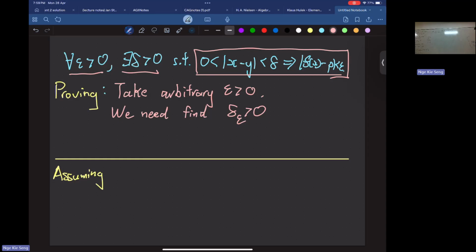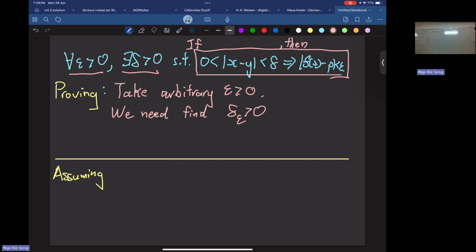Something arrow something. No, this is not an if and only if, because there is only one direction. If and only if means two directions. Here there is only one direction. Implies, yeah. So what implies what? The left statement here implies the right statement here.